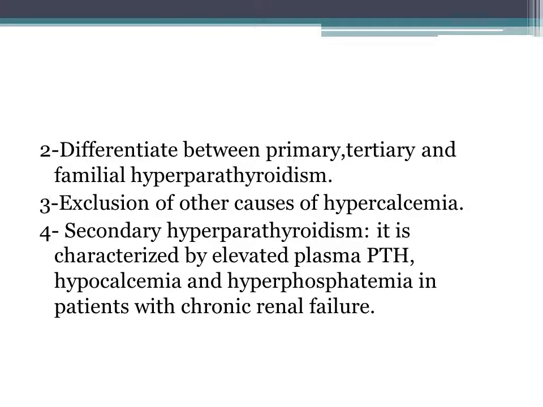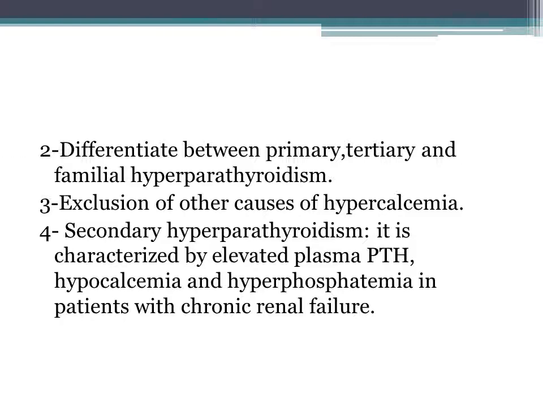Then we must differentiate between primary, tertiary and familial hyperparathyroidism. In tertiary, as we said, the patient may be a patient with chronic renal failure or on hemodialysis or a patient with malabsorption syndrome.